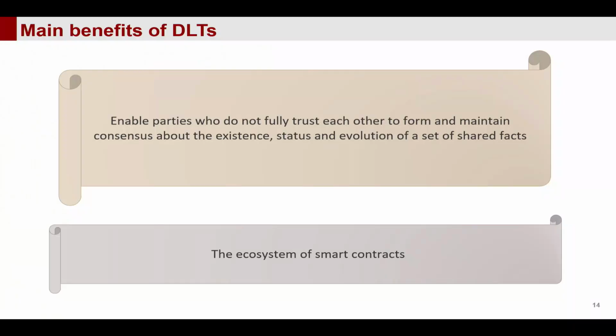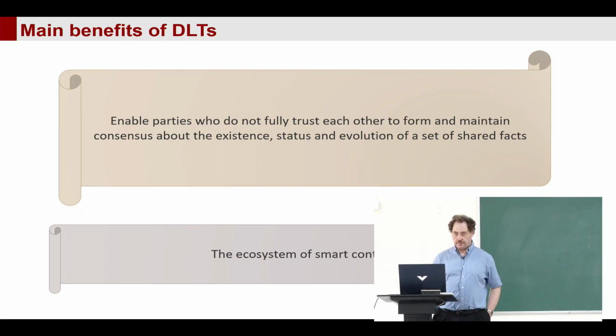And the second main benefit is the ecosystem of smart contracts, about which we are going to talk a lot in this course. I'm going to repeat these benefits many times in the duration of the course. So far, this is just a very high level overview.